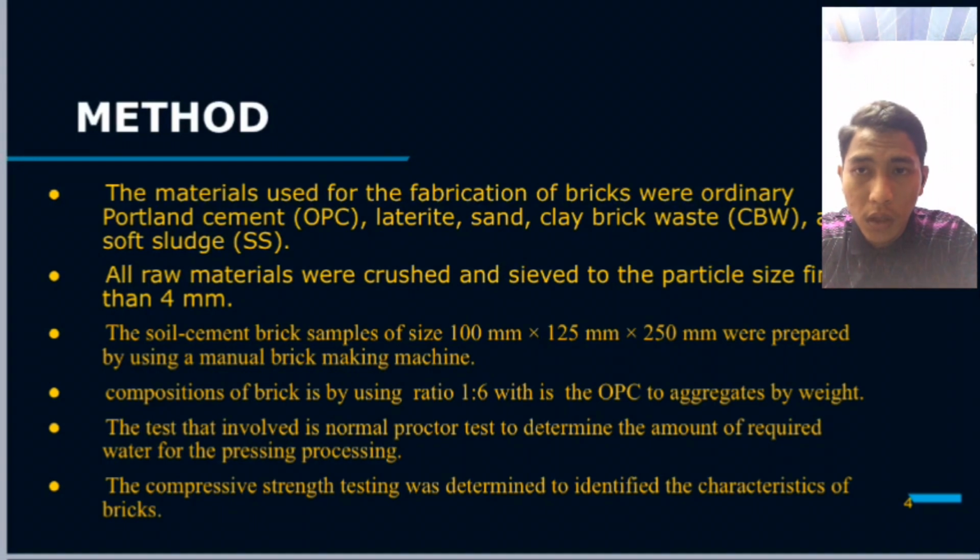The tests involved in this study are the normal consistency test and then the compressive strength test. The normal consistency test is needed to determine the amount of required water for the pressing process. Then the compressive strength test is needed to determine the characteristics of the brick.